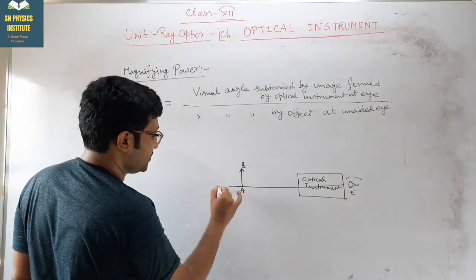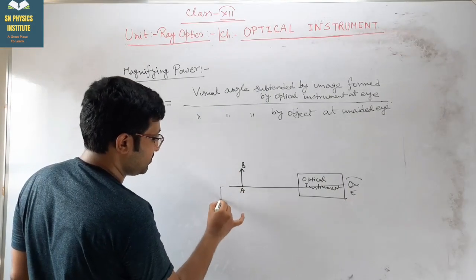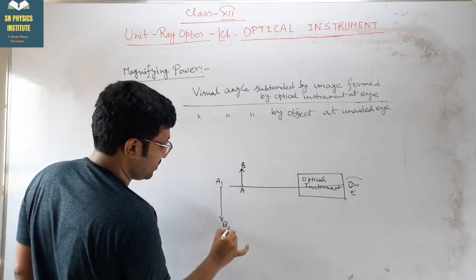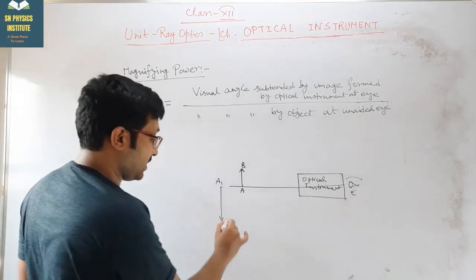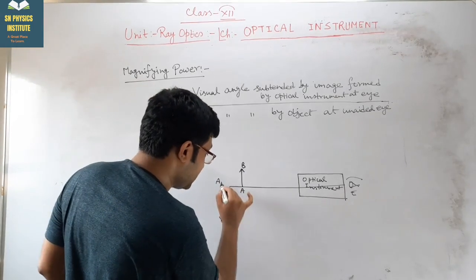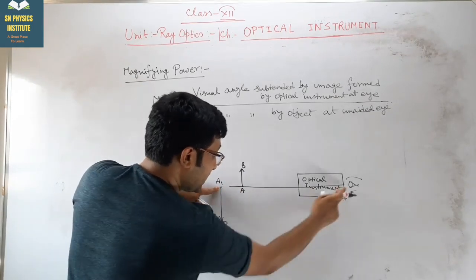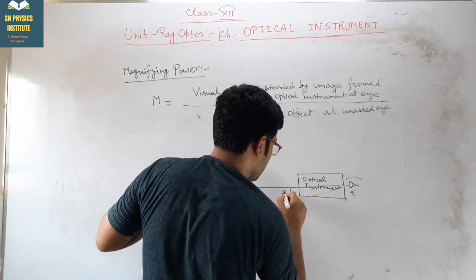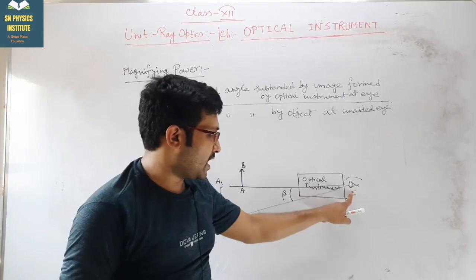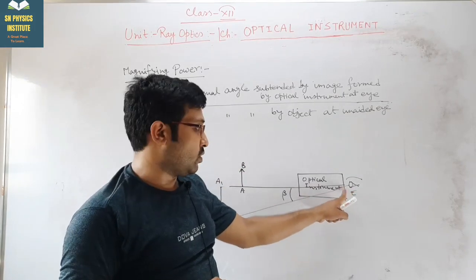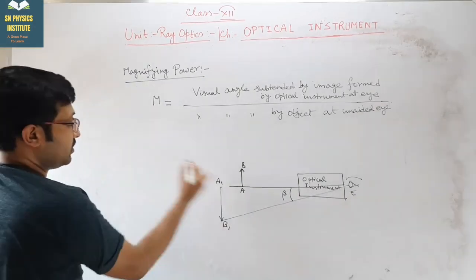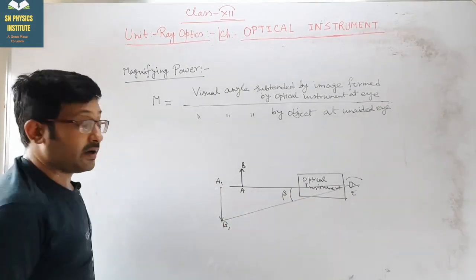Suppose the image of the object is formed at this point, A1 B1. What is the angle it makes? This image makes angle beta at our eye. Normally the eye is very close to the optical instrument, so this is beta.